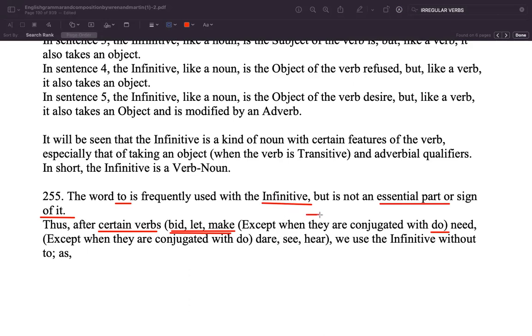So even you also say that need, dare, see, hear, we use the infinitive without to. So what do we do? Now we do not use to with the verb, right? So after certain verbs like bid, let, make, let me point out some examples.